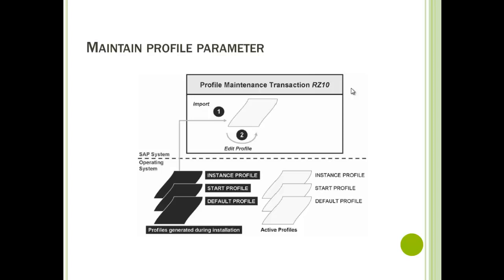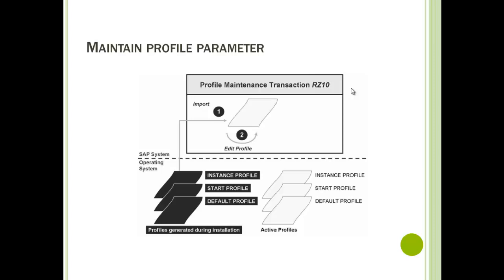And you can also activate the profile parameters which are dynamically switchable, quite easily. My personal advice is, whenever you are changing profile parameters, make a backup of the old profile parameters and then start changing.